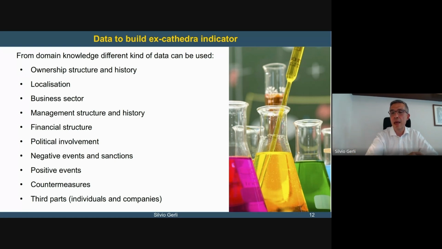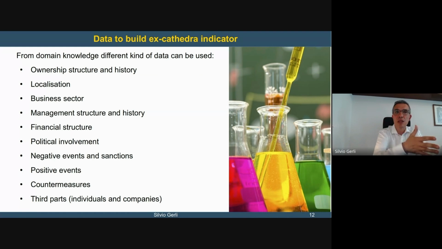There is a map, constantly updated with this indication. So if the board, the owner or the company is in one of the high-risk jurisdictions, there is a higher risk of corruption or criminality or whatever. So it's very important to use the localization of where the people and the company are.